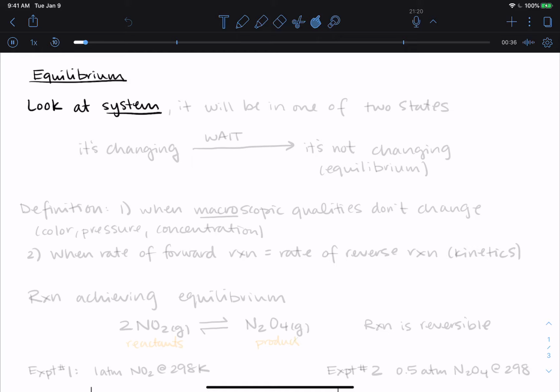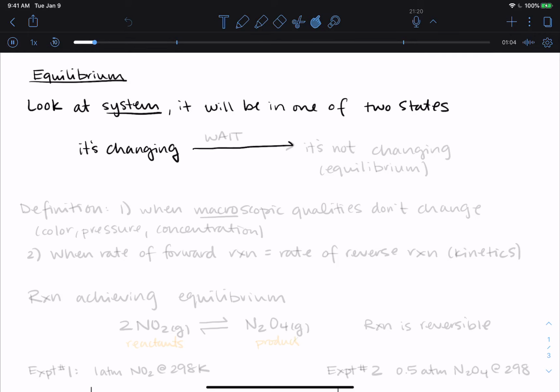It just means we're going to look at this reaction under a certain set of conditions. And when we look at that system, it will be in one of two states. So it could be in a state where it's changing.